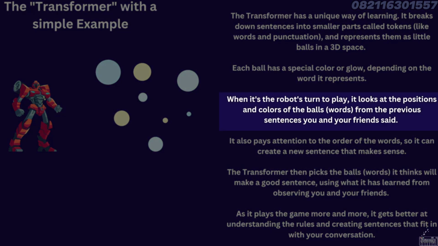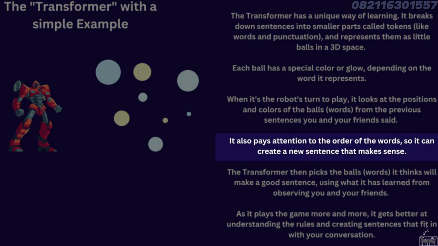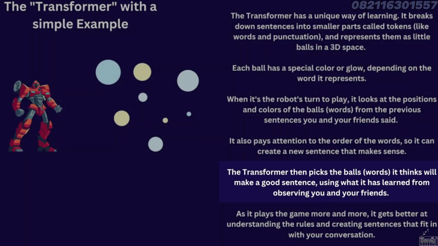When the robot takes its turn, it looks at the positions and the colors of the balls, which actually are words from the previous sentences. So it pays attention to the order of the words, and it can create a new sentence that makes sense. The transformer picks the words, and thinks if it will make a good sentence or not, using what it has learned from observing you and your friends.